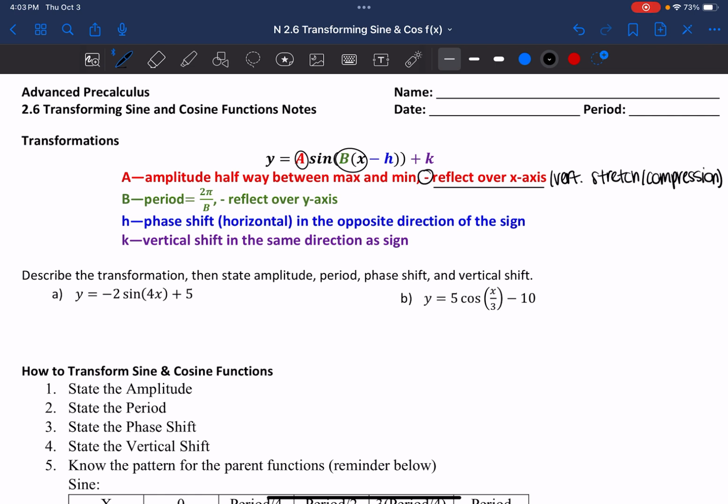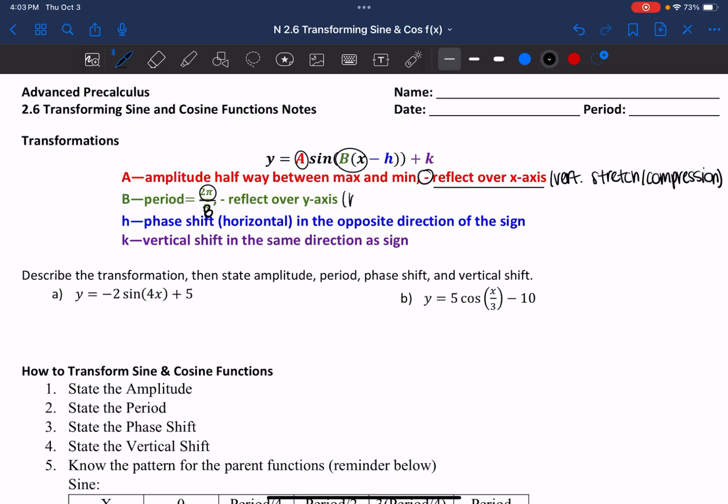So while our period is normally 2 pi, you take 2 pi and divide it by your b value to determine if your pattern is now going to happen in a shorter span than 2 pi or a longer span than 2 pi.